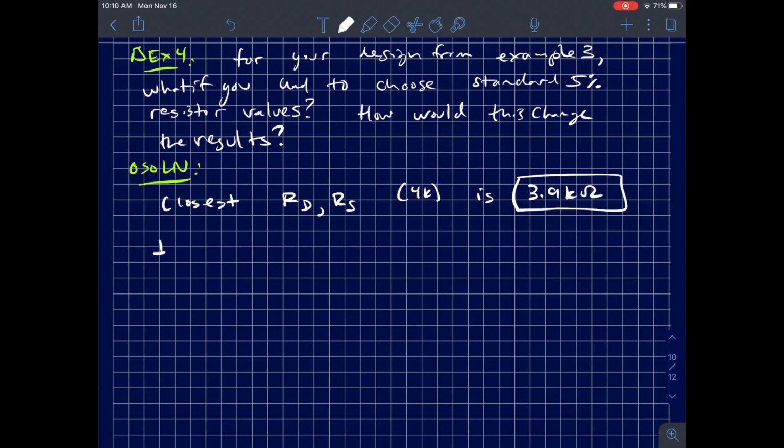In this case, ID is VDD minus VD over RD, which is supposed to be 4 over 3.9. And so I get 1.03 milliamps, which is close enough to ID for what we want.